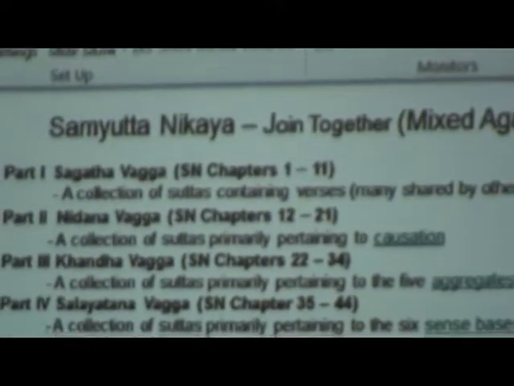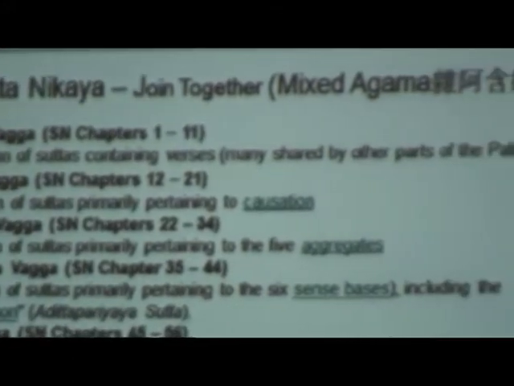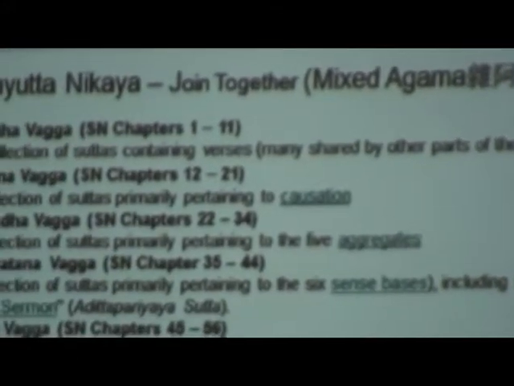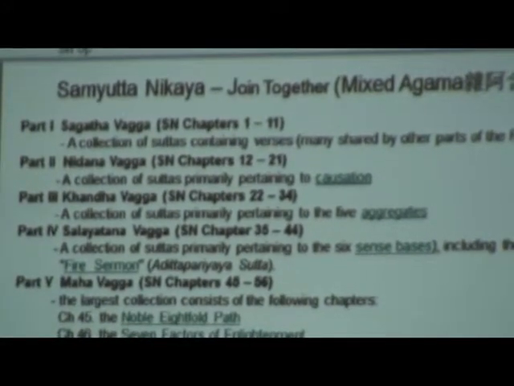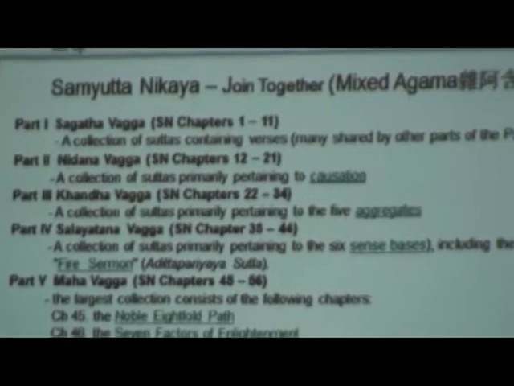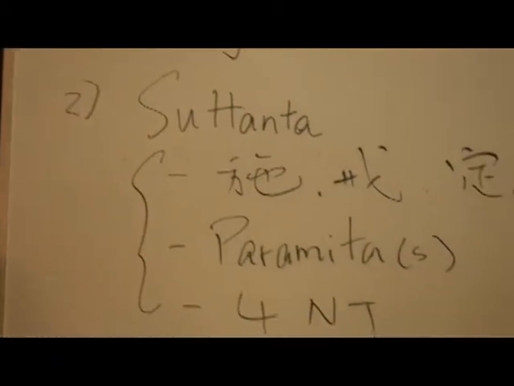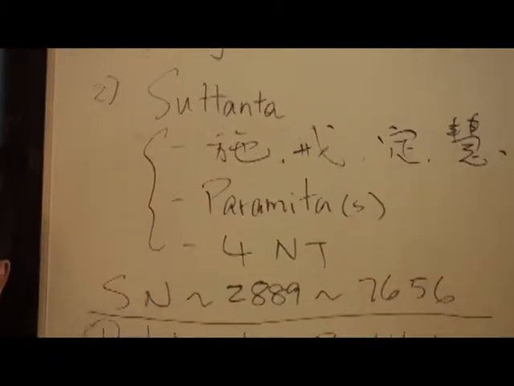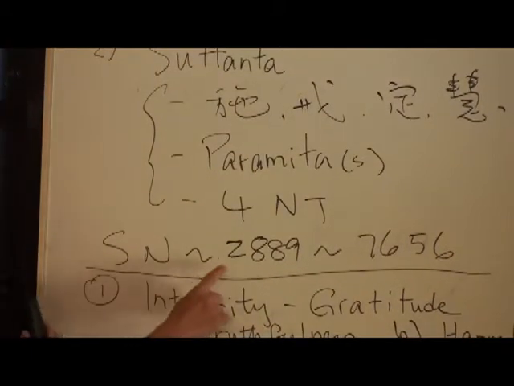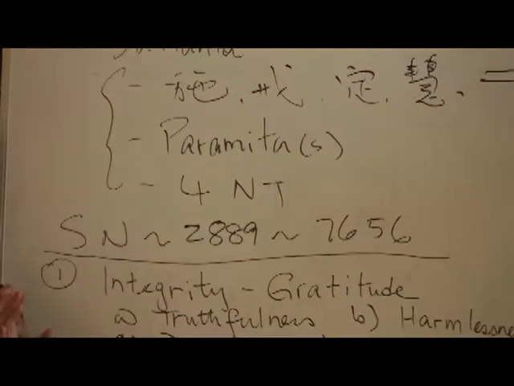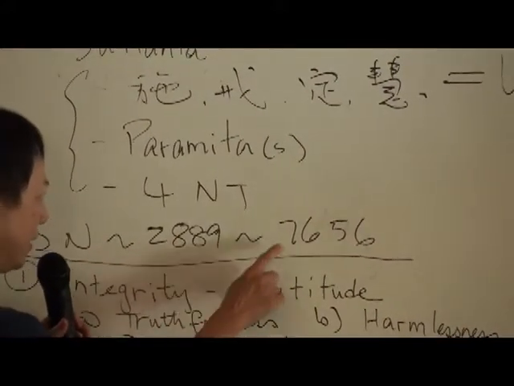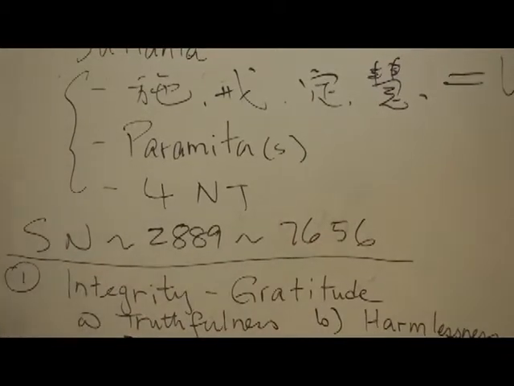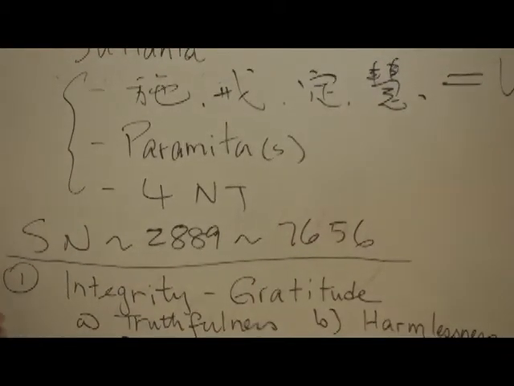The next one, the Samyutta Nikaya. That's the Chinese word right here. It's called the connected or joined together. Now, how many suttas? You see a number here. Bhikkhu Bodhi translated about 2,900 suttas in his four volumes. I checked the internet, and it says the count ranges from 2,889 to 7,000-some suttas within the Samyutta Nikaya.